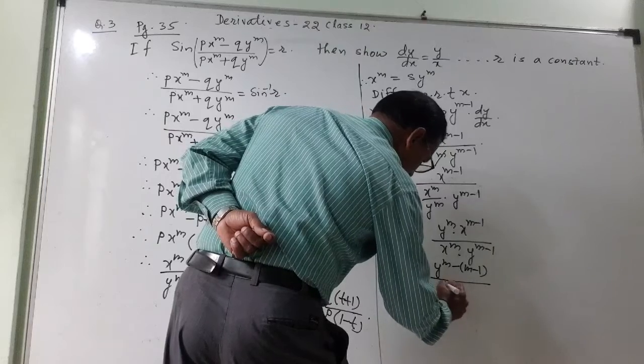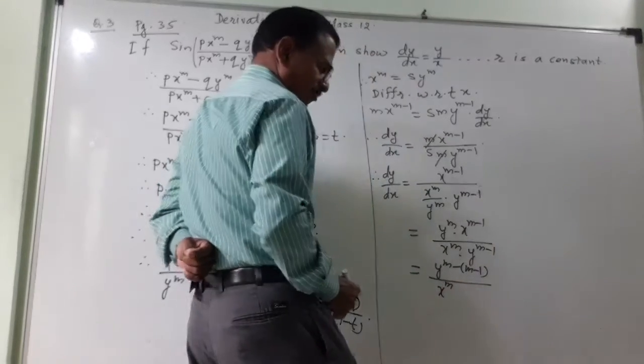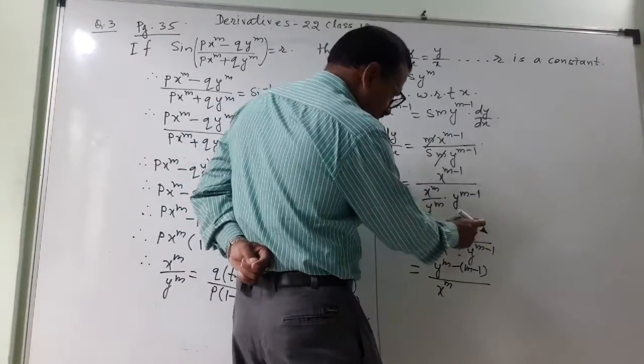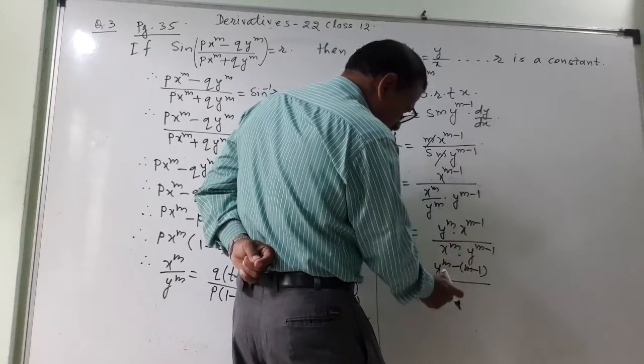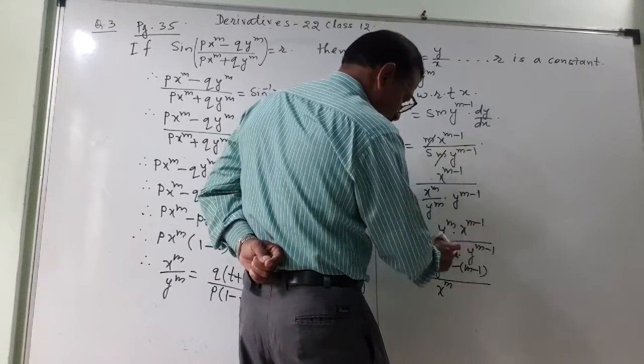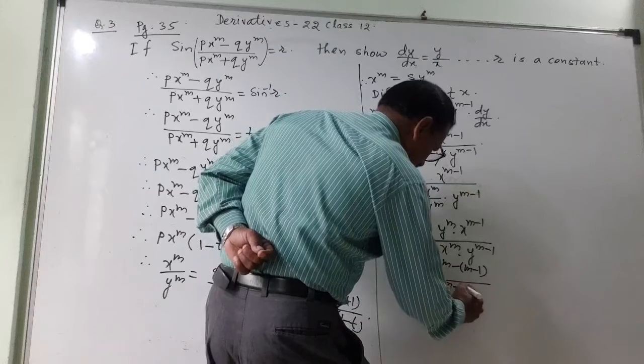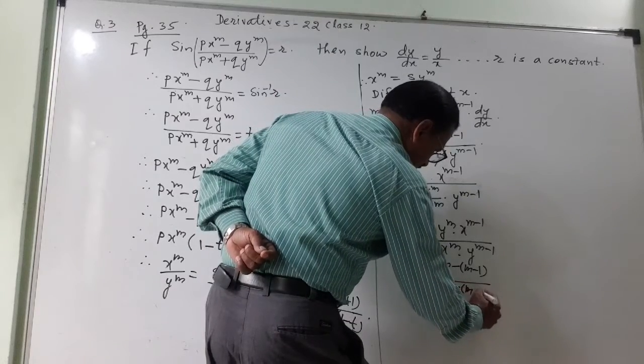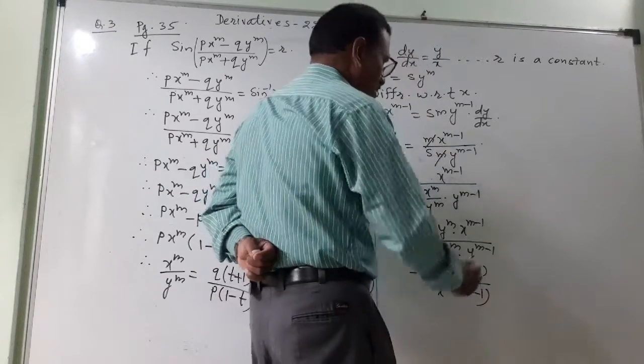In the denominator, x^m divided by x^(m−1) becomes x to the power m − (m − 1).